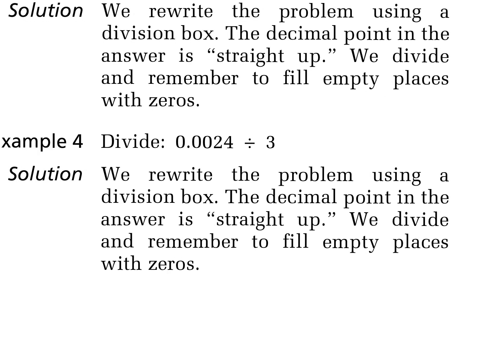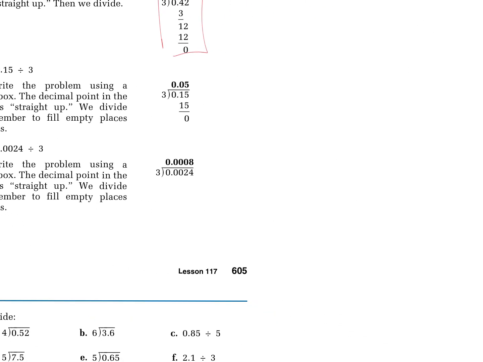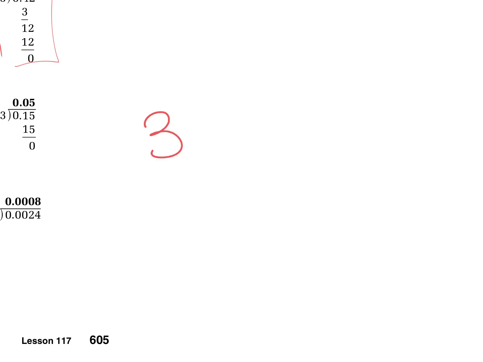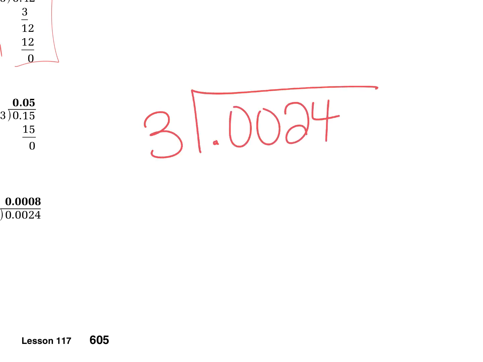And then we have this big one. Again, I'm going to place the decimal here and then erase. 3 goes into 0 0 times.